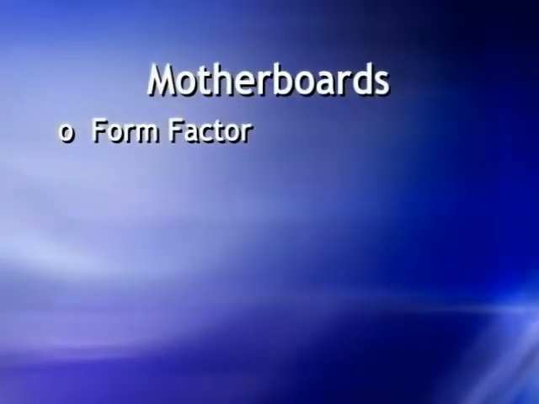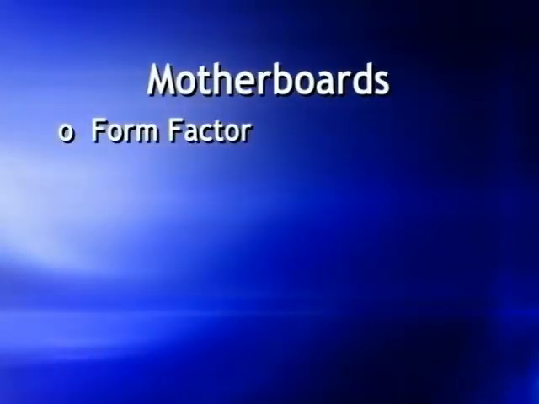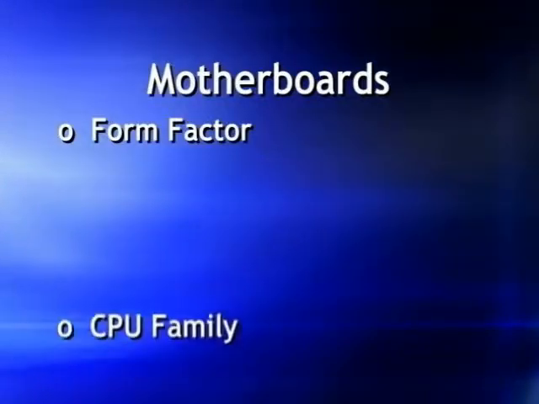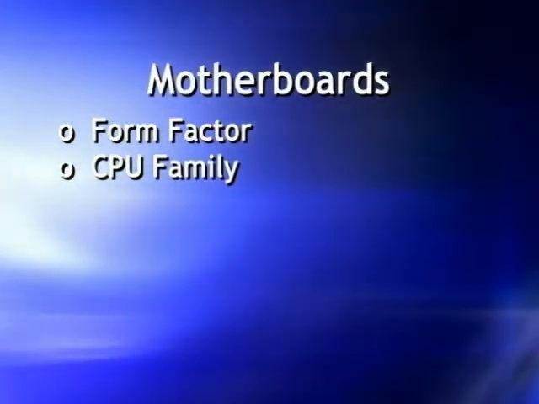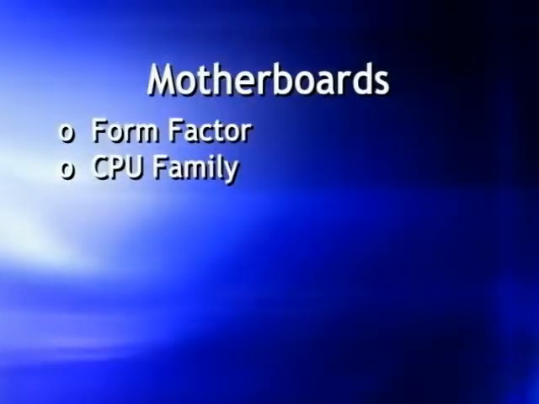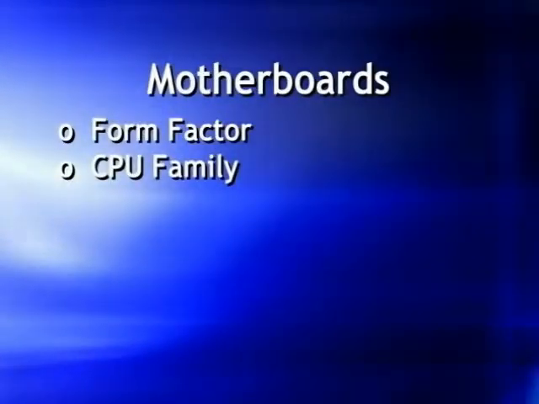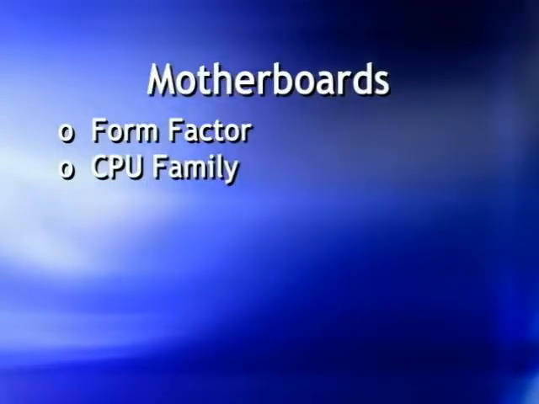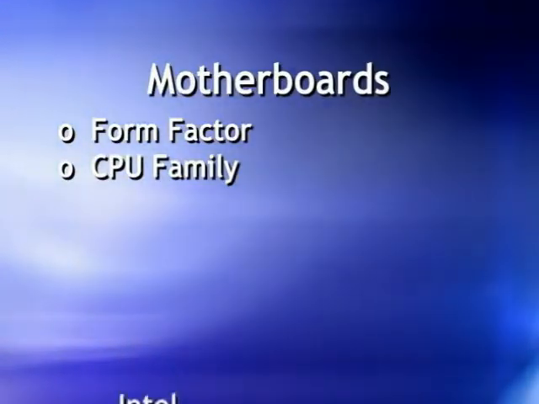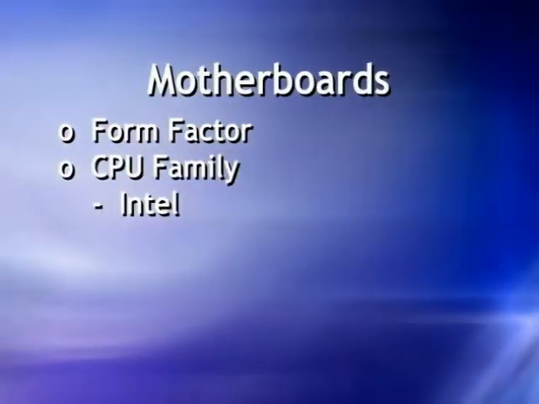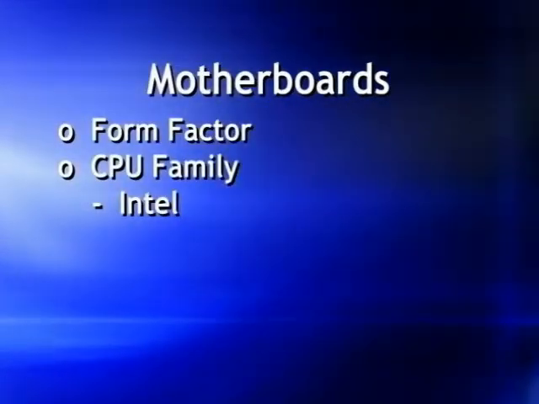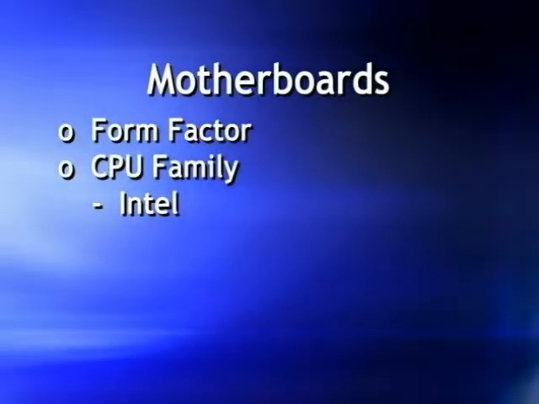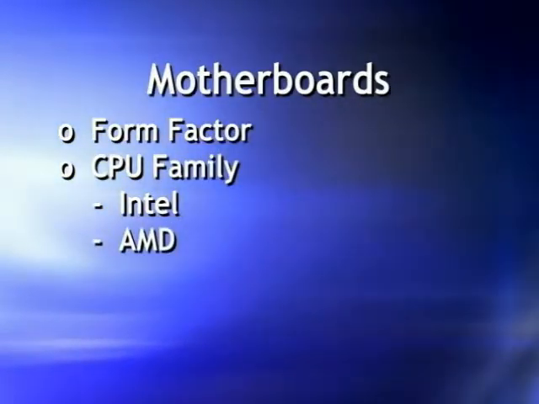The next factor you need to keep in mind is what type of CPU you intend to install in this system. There are two general families of CPUs that you're going to be using. The first family comes from a company called Intel that you're probably familiar with, but there's also a competing company that makes CPUs called Advanced Micro Devices, or AMD.